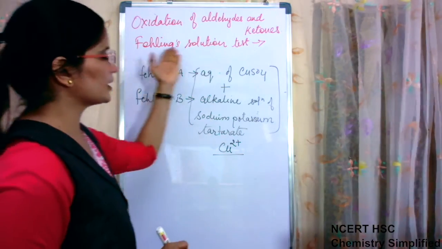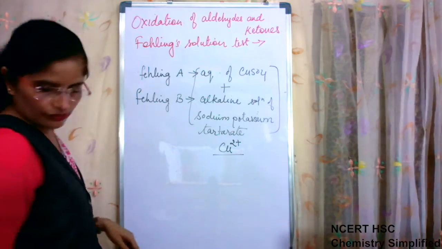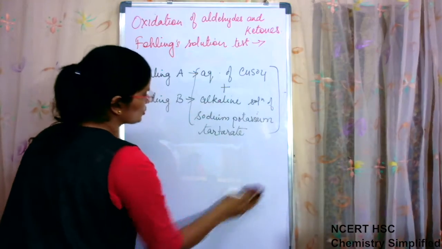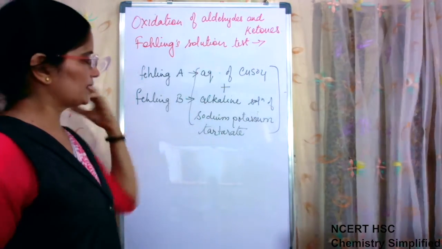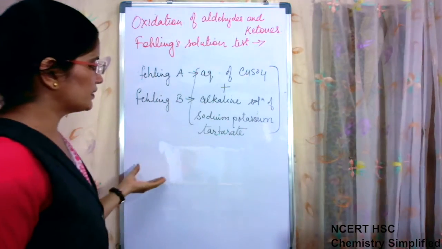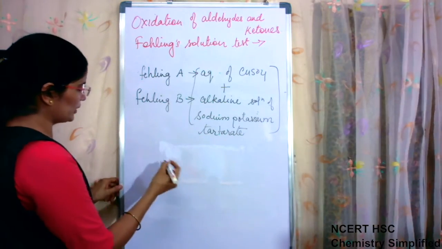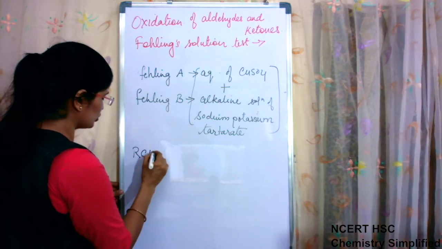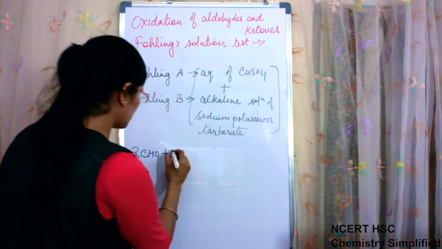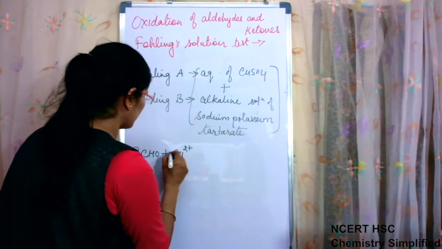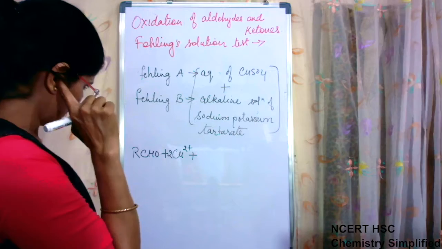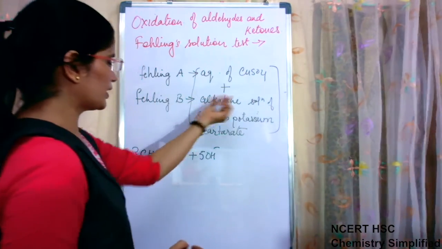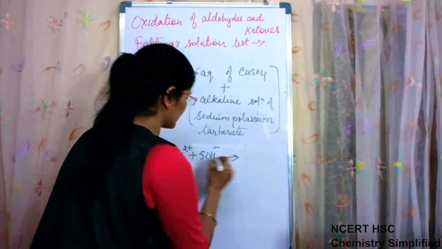That is why this is again used as a test. So one reaction for this also we will write. We will write the reaction only with Cu2+ because the formula for it is not required to write with the reaction. It's too big a formula. So only the ion which is responsible we are writing. RCHO reacts with Cu2+, two ions, plus 5OH negative, alkaline solution, so basic medium is there.